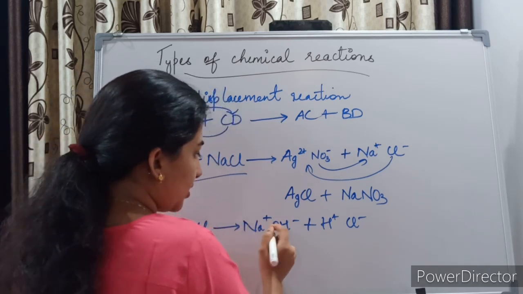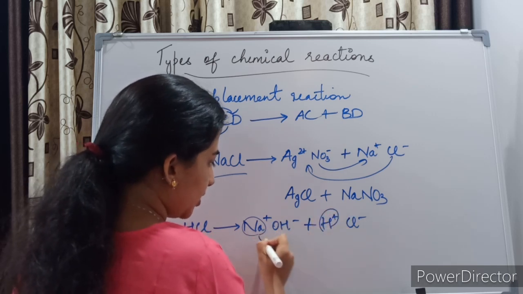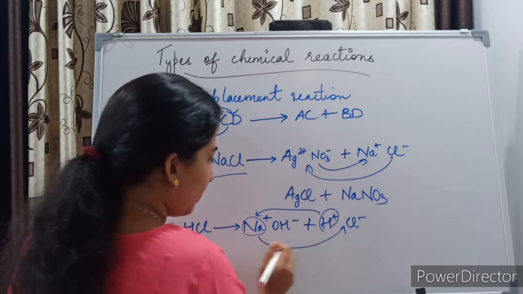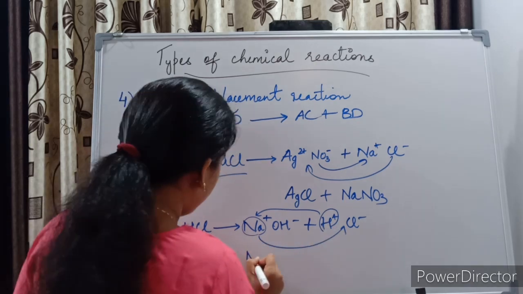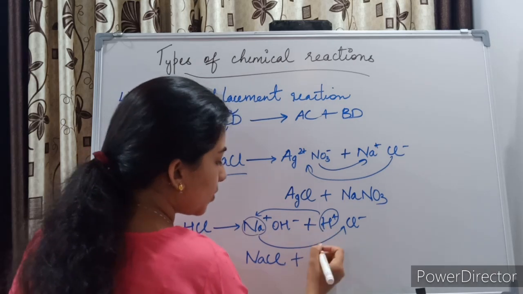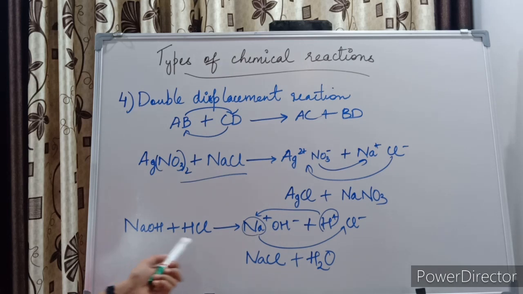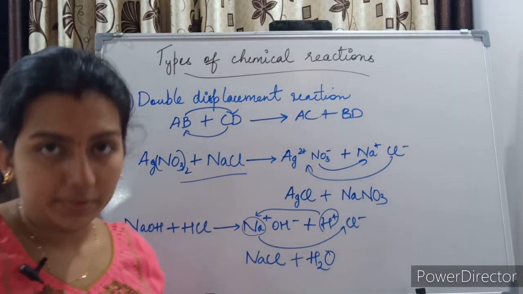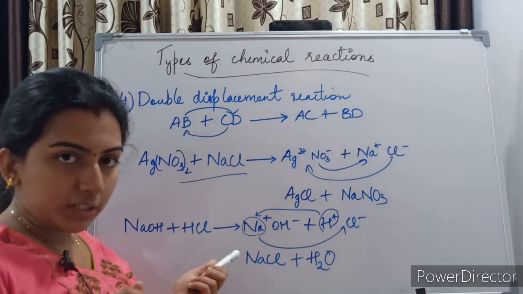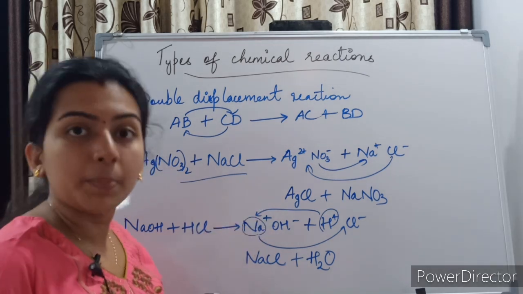Now exchanging the cations, Na goes here and H+ goes here. So Na+ Cl- gives NaCl, plus H+ OH- gives water, H2O. So this is a double displacement reaction, where two compounds combine with each other by exchanging their ions and thus form products.